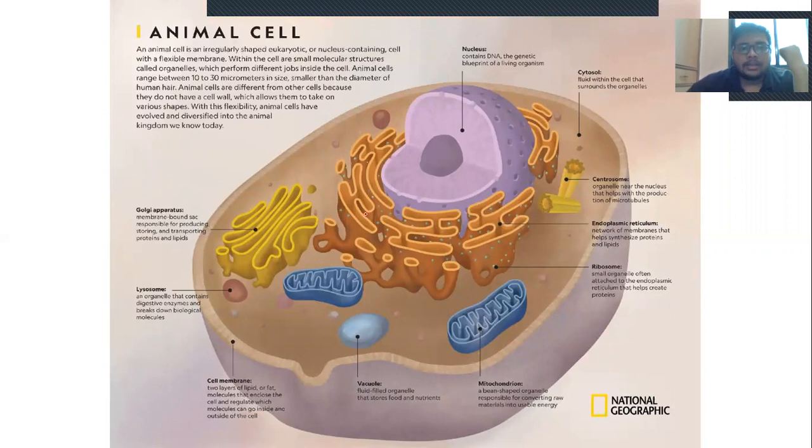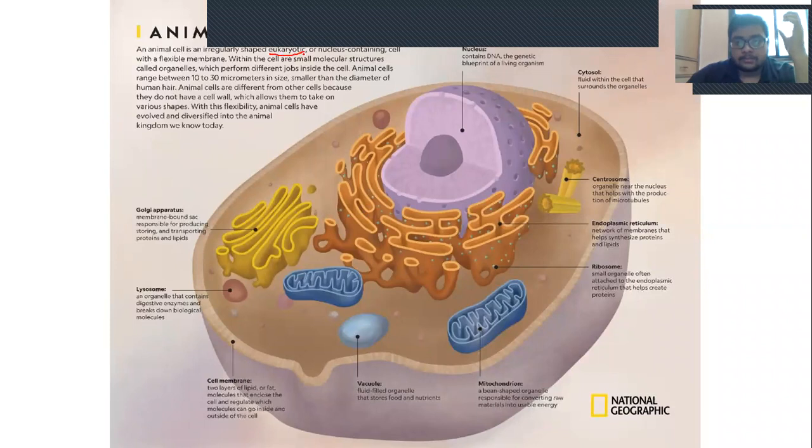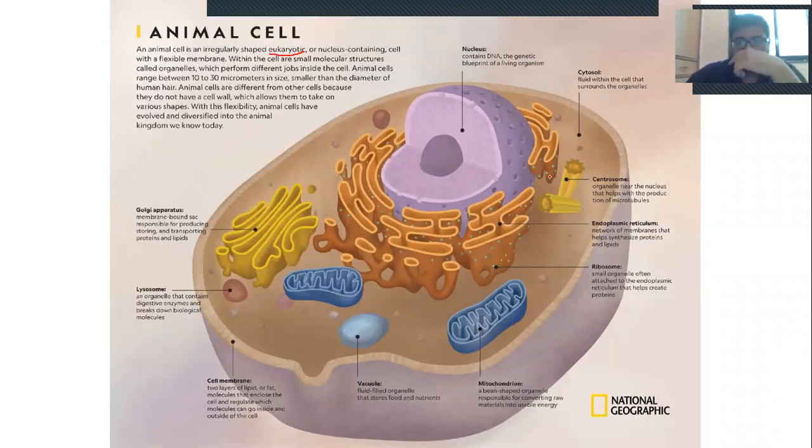So an animal cell is an irregularly shaped eukaryotic cell. Now I hope you know the difference between prokaryotic and eukaryotic cells. A eukaryotic cell is a cell with well-defined cell organelles, and it contains a nucleus.